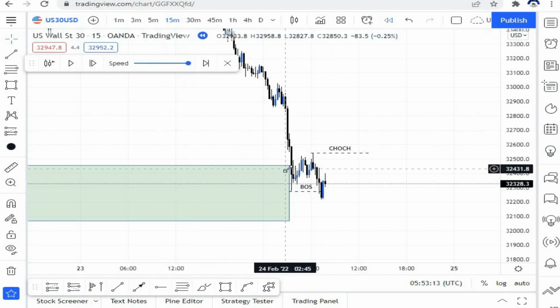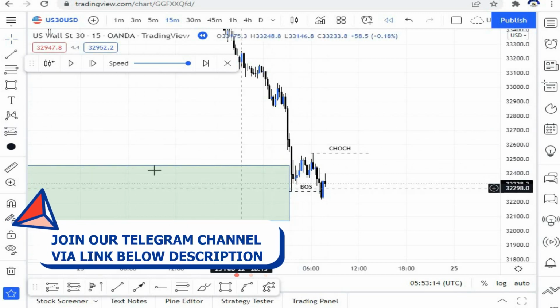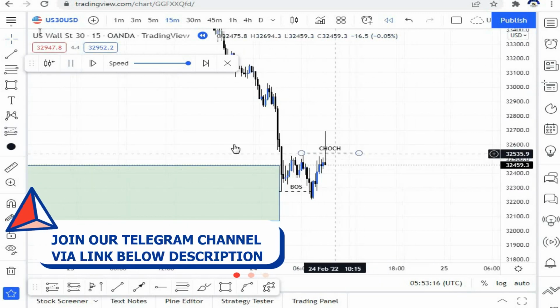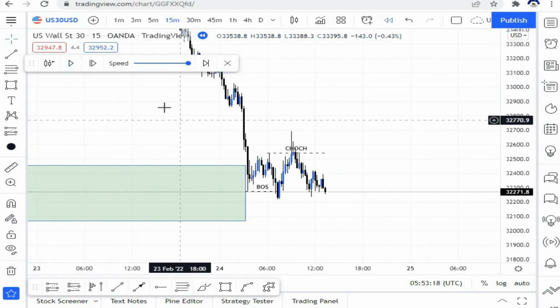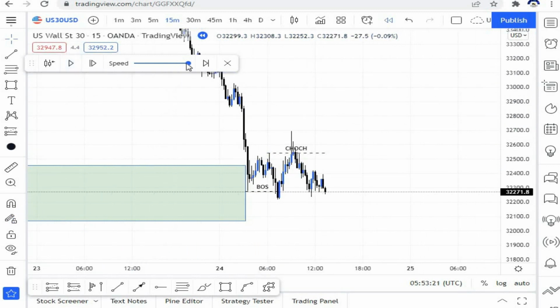So what happens is something like this. When you see break of structure, the next thing you like to see is a change of character, right? So now, let me just slow down the speed. Now we had this break of structure and change of character, and price gave us a change of character.